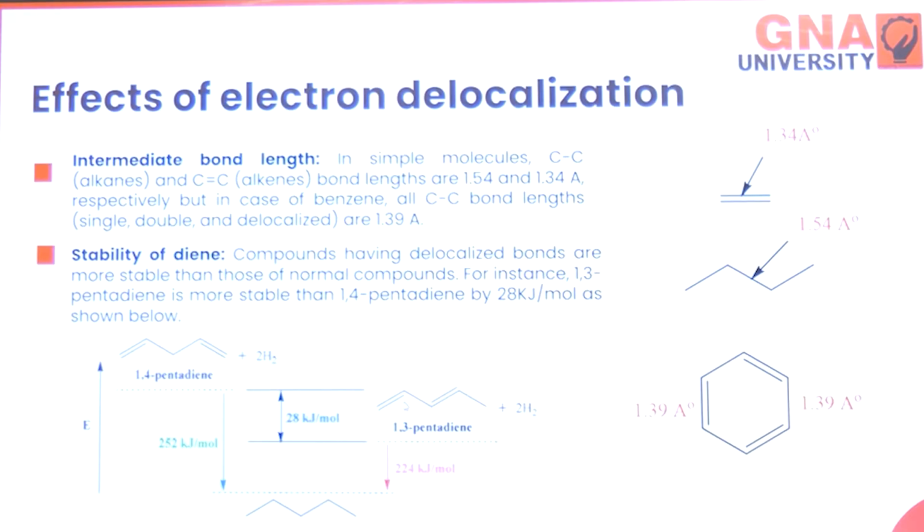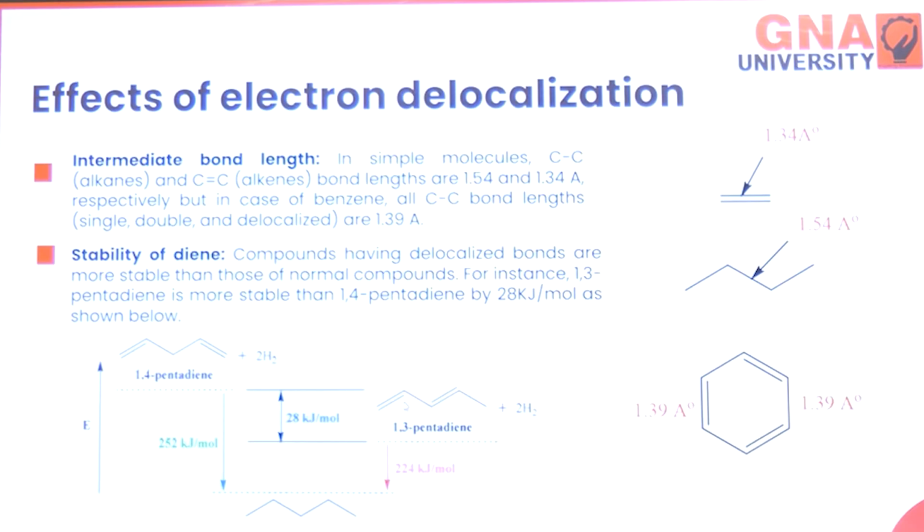But in case of 1,4-pentadiene, the two double bonds are not conjugated with each other, so the system has the higher energy, that is 250 kilojoules per mole. So with conjugation, the stability of the diene increases and energy decreases.